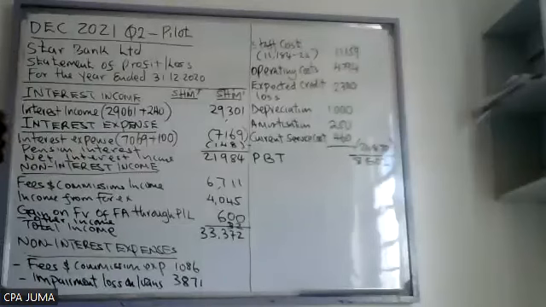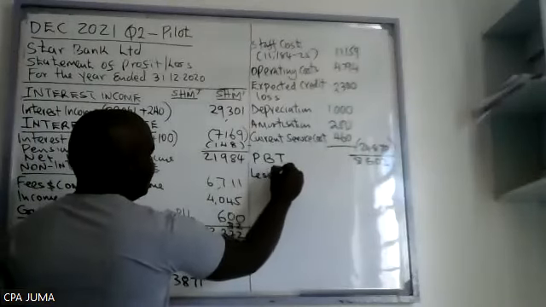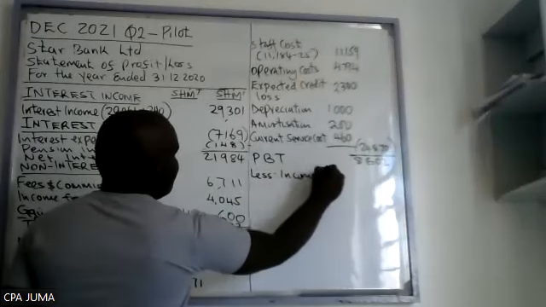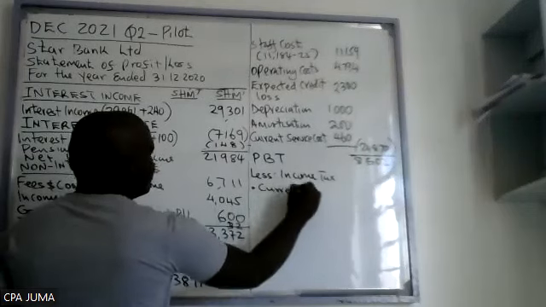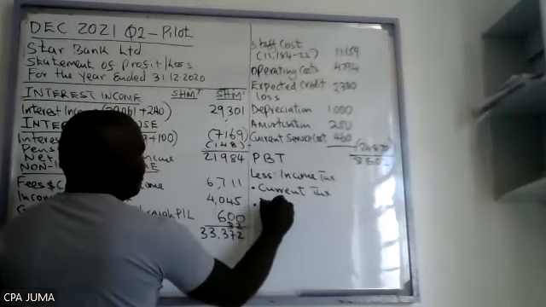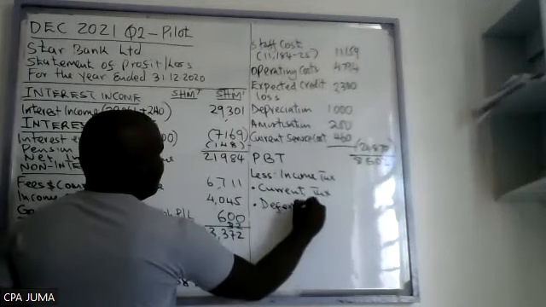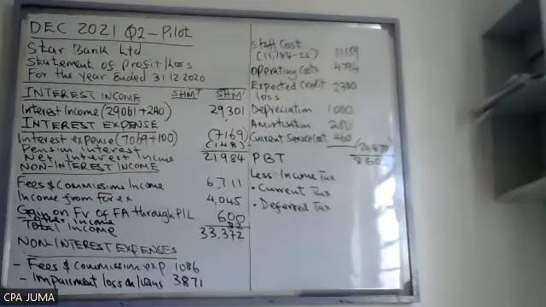Then you less tax, less income tax. So income tax, we had current tax, and we had deferred tax. We had the current and deferred taxes.